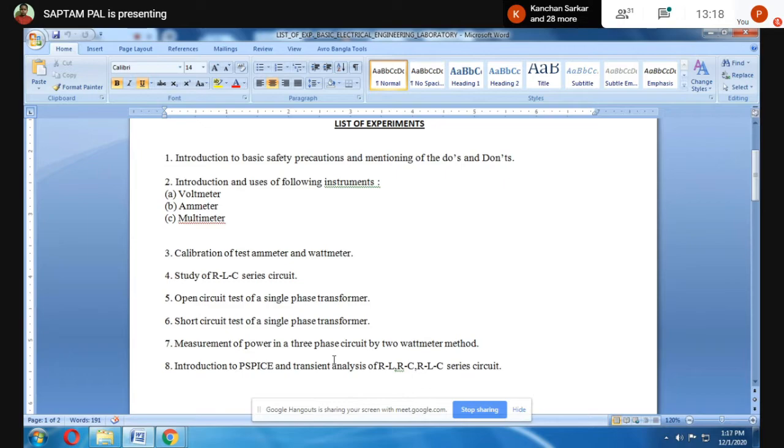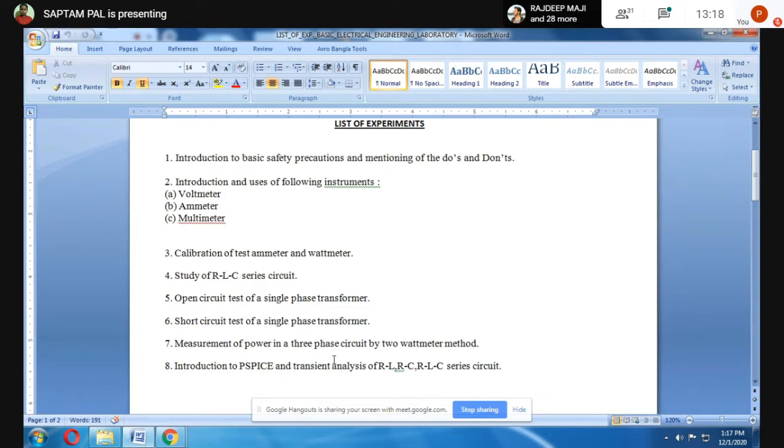Suppose, take one example, that you are doing one experiment, voltage measurement. The actual voltage according to your calculation is 60 volt, right? But in that voltmeter, it is showing that your voltage is 59.8 volts. So your error is 0.2 volt.